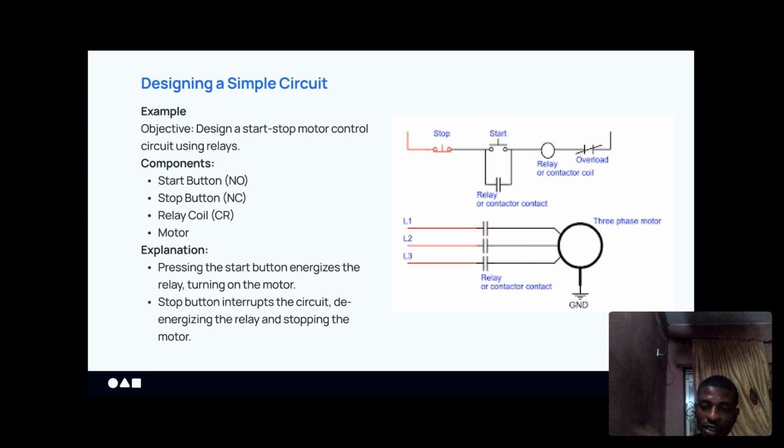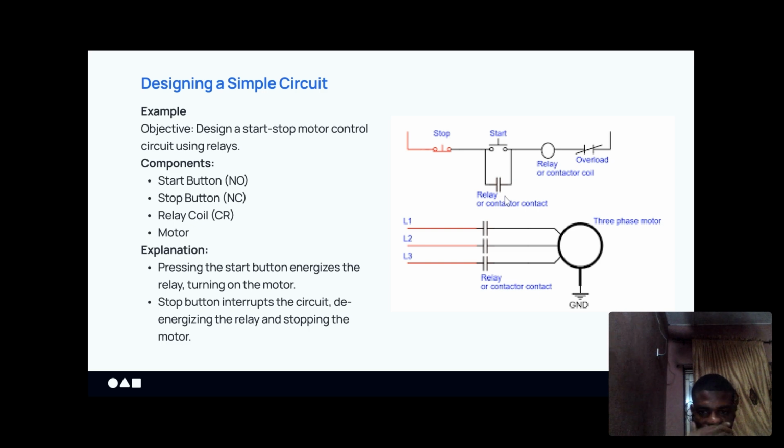Once the overload is triggered, this is a normally closed overload contact, so it opens immediately, and the path of this circuit is no longer complete. Like I said, we have the live part flowing to the neutral part.